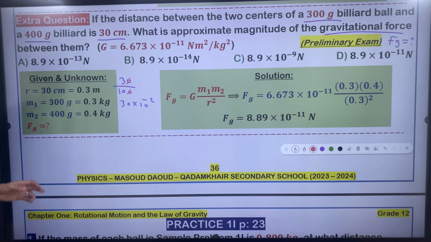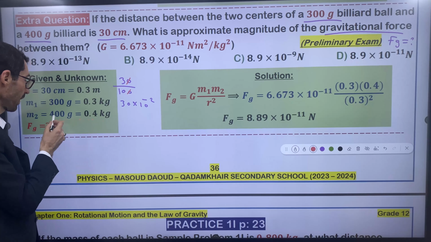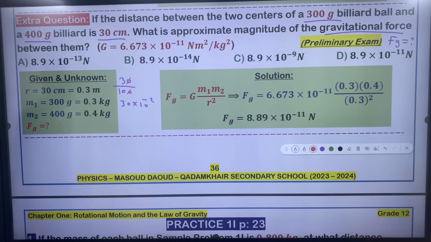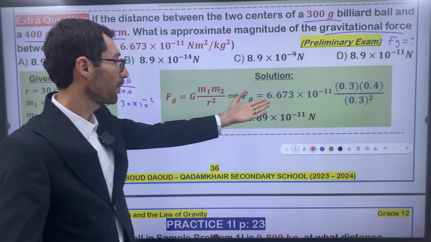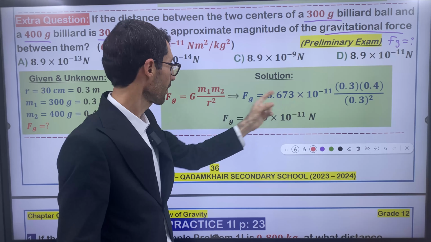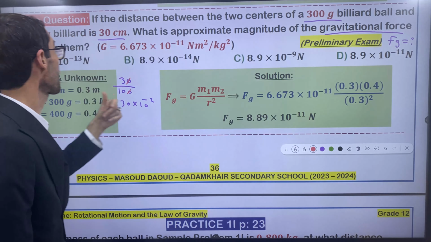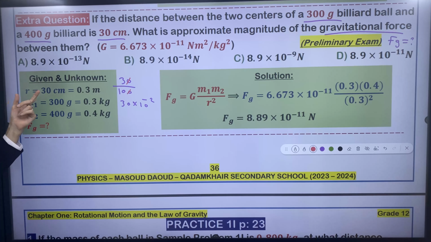That's it. And for mass number 1, 0.3. For mass number 2, you can say 400 gram becomes 0.4 kilograms. That's it. Just substitute the values. So this is G, M1, M2 divided by R squared.